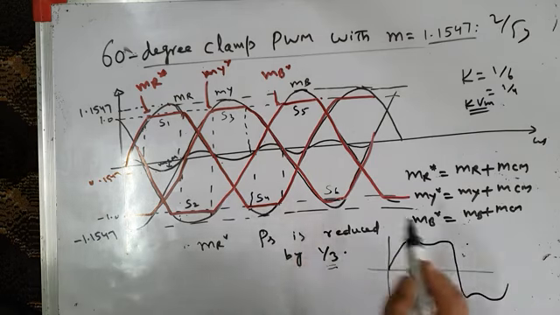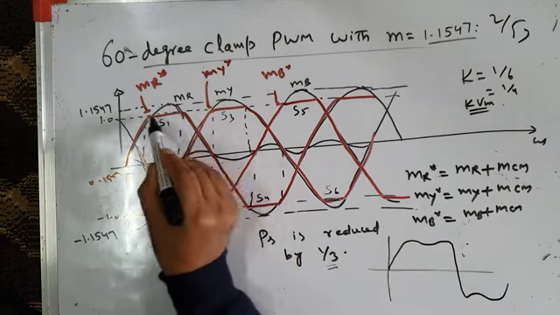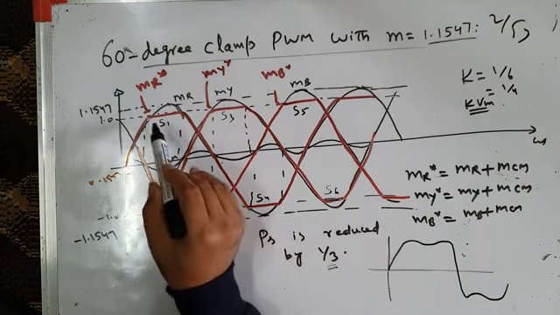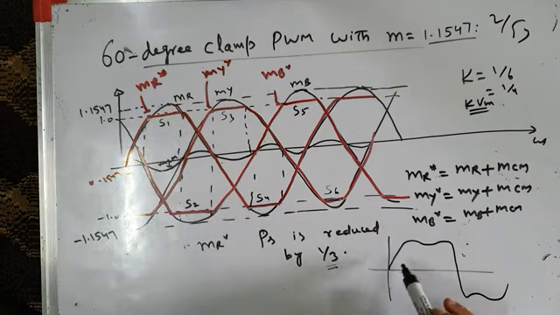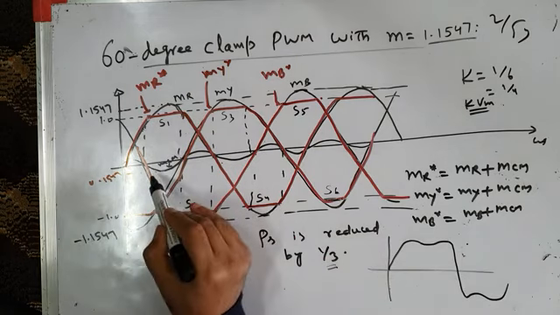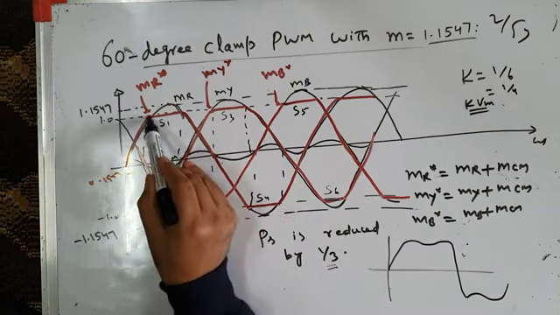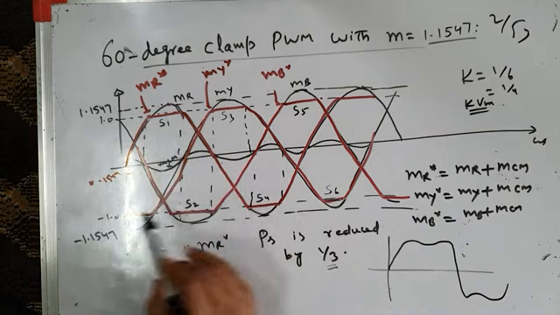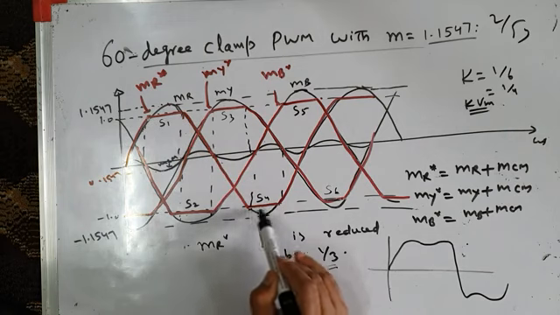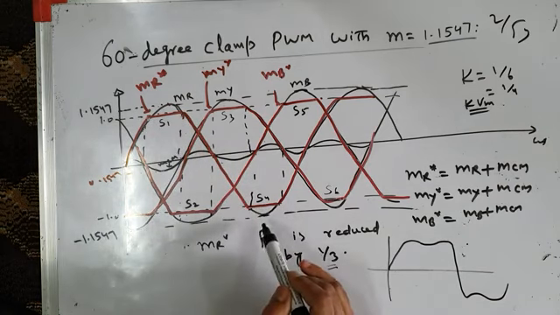They were not clamping the inverter to positive DC bus and negative DC bus. Okay, they were like this. But in this case, when you are adding this common mode signal to actual modulating waves, your phase leg R gets clamped to positive DC bus and negative DC bus for 60 degrees each.